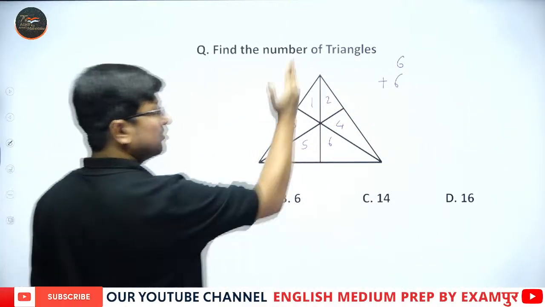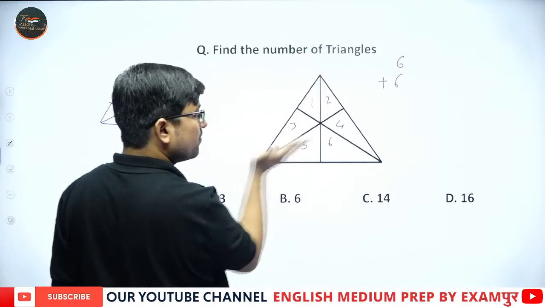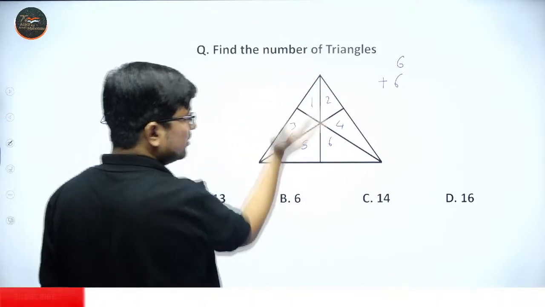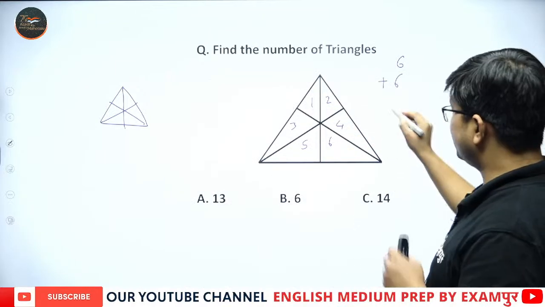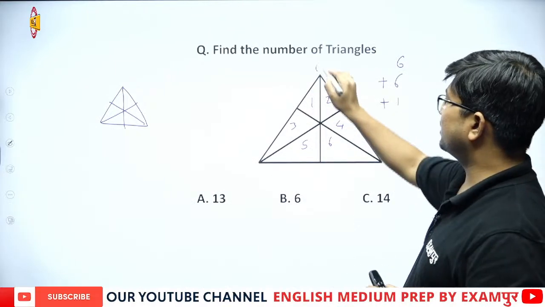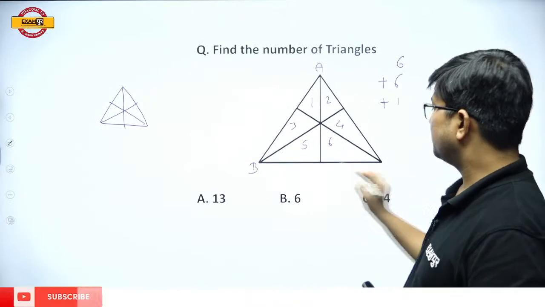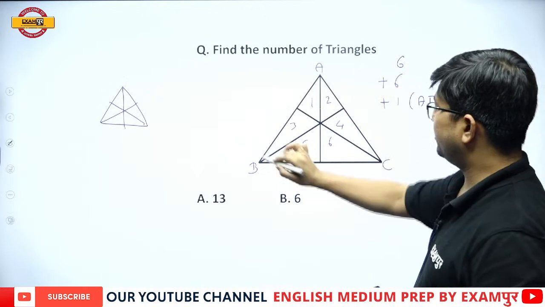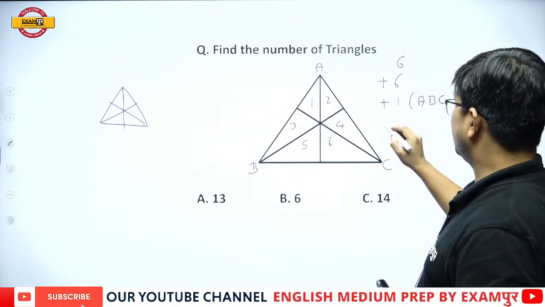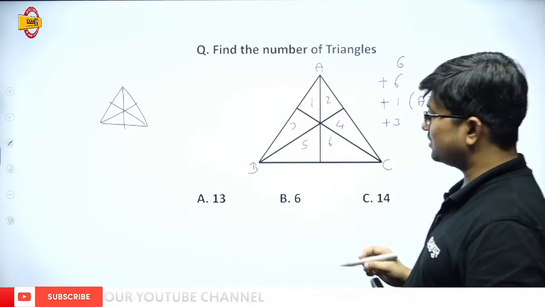So now 12 are there, plus 1 this triangle ABC.